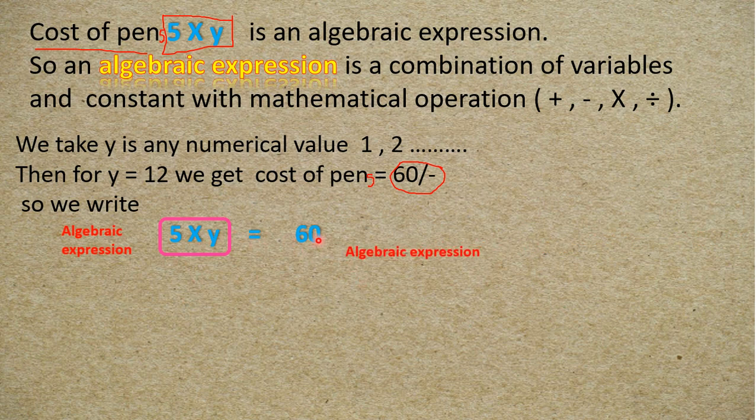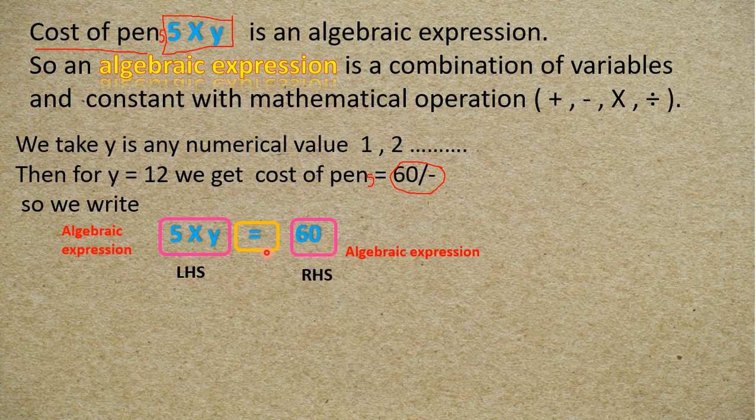So between the two algebraic expressions there is a sign, that is the equal to sign, which shows these two expressions are the same or equal. The side which appears left of the equal to sign is known as the left hand side, and the side which is on the right of the equal to sign is known as the right hand side.